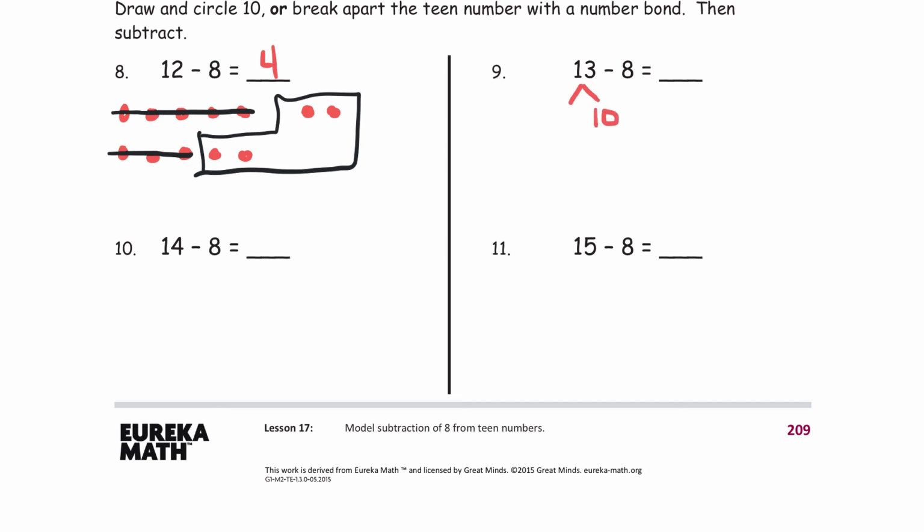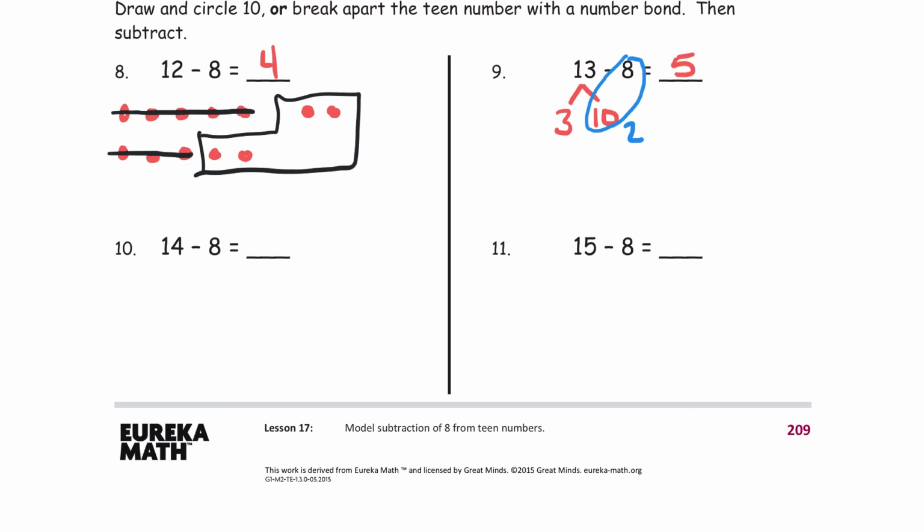So there's my 10, and there's my 3, because 10 and 3 make 13. Now the next step of this, I know that 10 minus 8 is 2. Once I have that 2 there, I can then just add up what I have left. I have 2 plus 3 is 5.